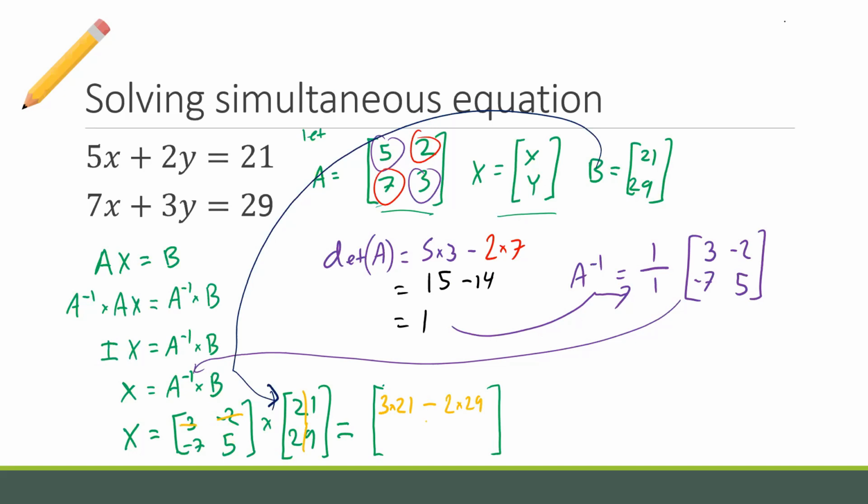Normally that would be a plus, but because it's a negative, that becomes a minus. And the other one is going to give us, let's go for red, -7 times 21, and then 5 times 29.